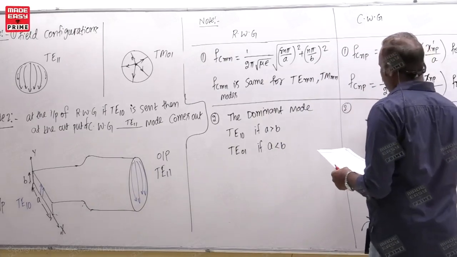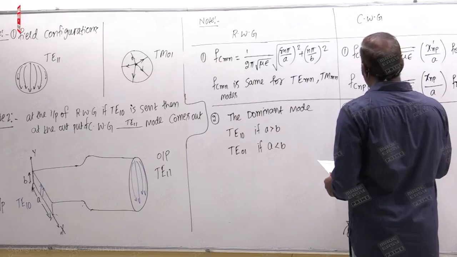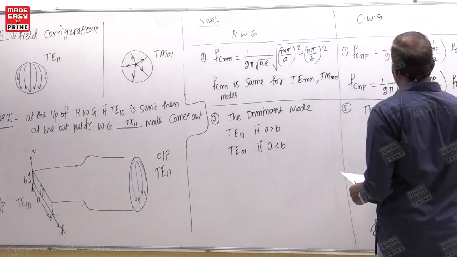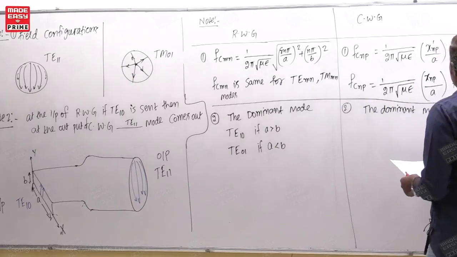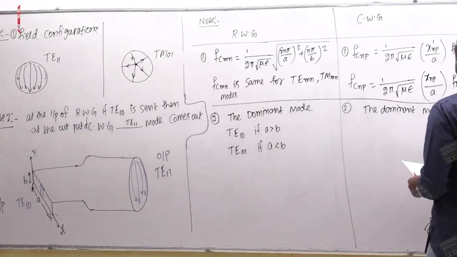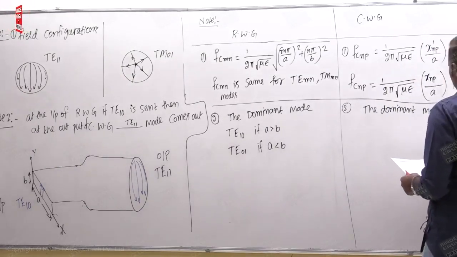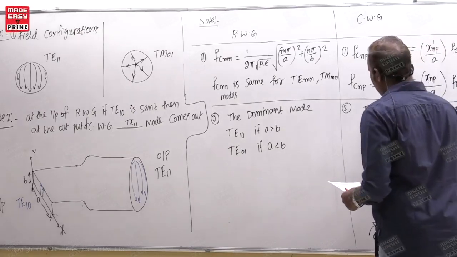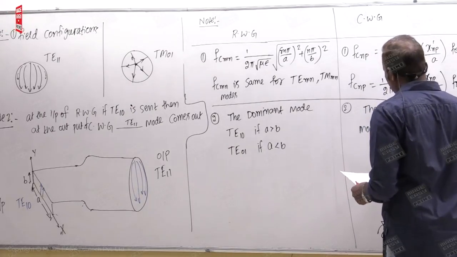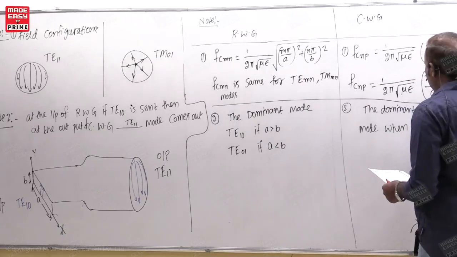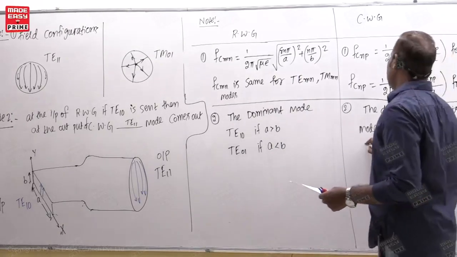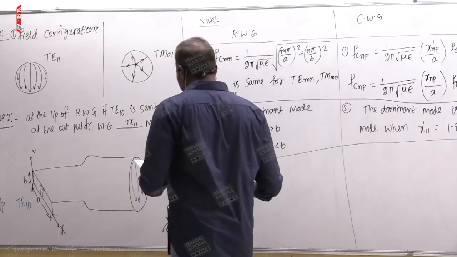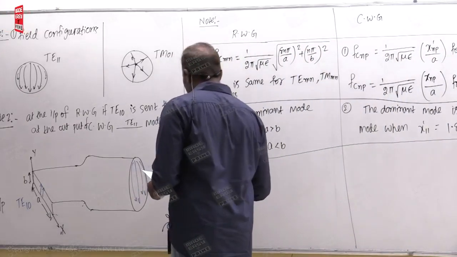Second one, here also you know. The dominant mode is TE11 mode, when X'11 is equal to 1.84, right?